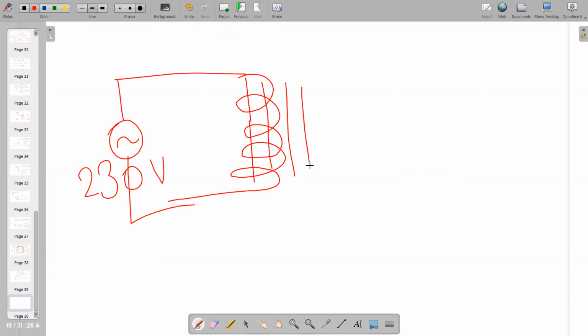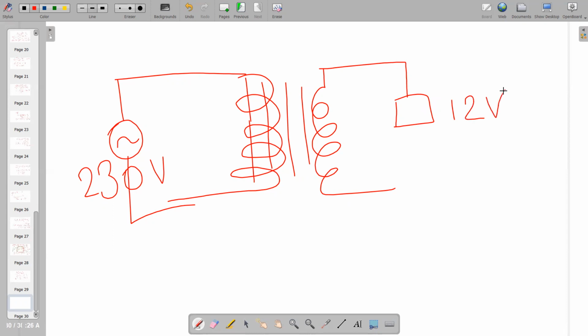And then we have the secondary winding. This is how a transformer is, and we have connected a lamp of 12 volt. Its rating is 12 volt. 12 volt lamp. So basically the secondary voltage is given.